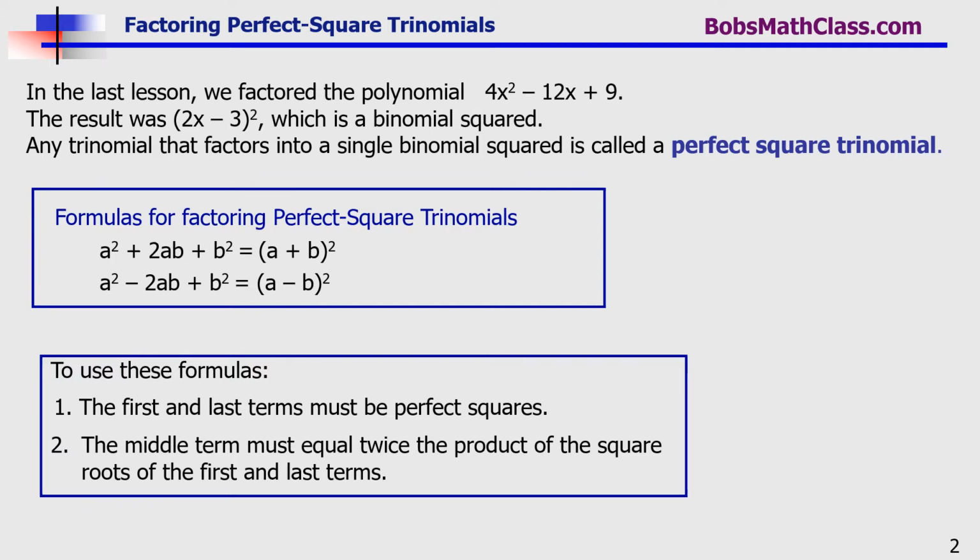A squared plus 2ab plus b squared is equal to a plus b squared. And a squared minus 2ab plus b squared is equal to a minus b squared. To use these formulas, the first and last terms must be perfect squares. The middle term must equal twice the product of the square roots of the first and last terms.